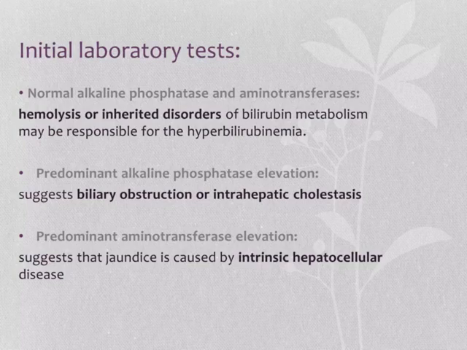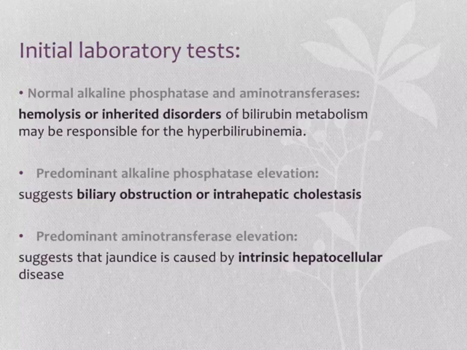If the alkaline phosphatase elevation is very high, it usually suggests biliary obstruction or intrahepatic cholestasis. If there is high elevation of ALT or AST, this high elevation of aminotransferase usually suggests intrinsic hepatocellular disease, usually viral hepatitis.